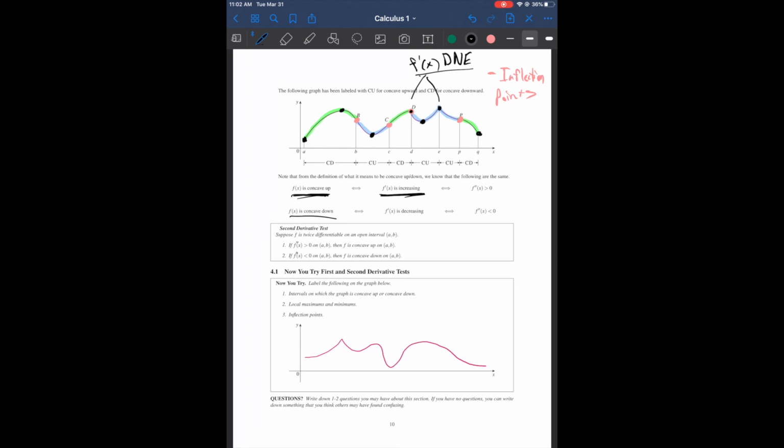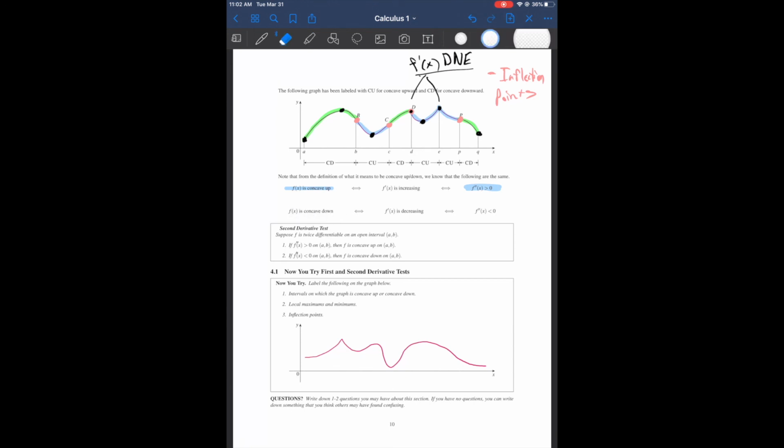So if f prime is increasing, we should expect that the derivative of f prime, f double prime, should be positive. So if I'm looking for where a function is concave up, I'm really looking for where the second derivative is greater than 0.